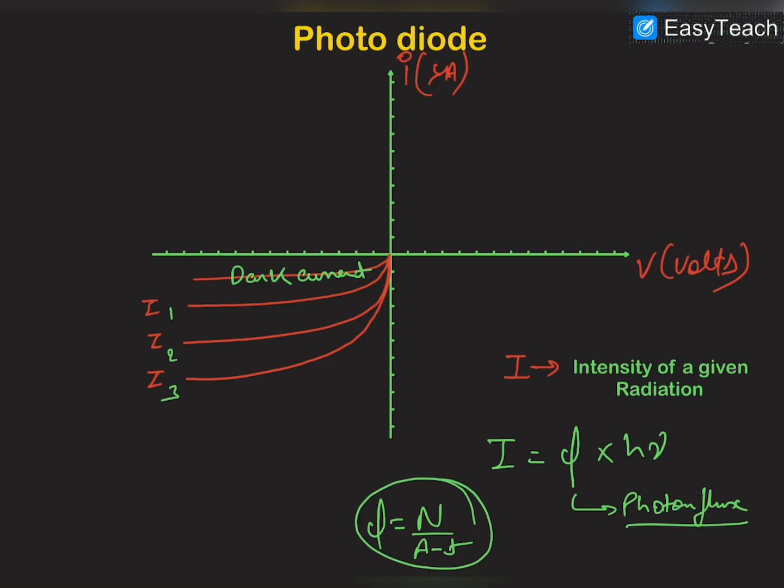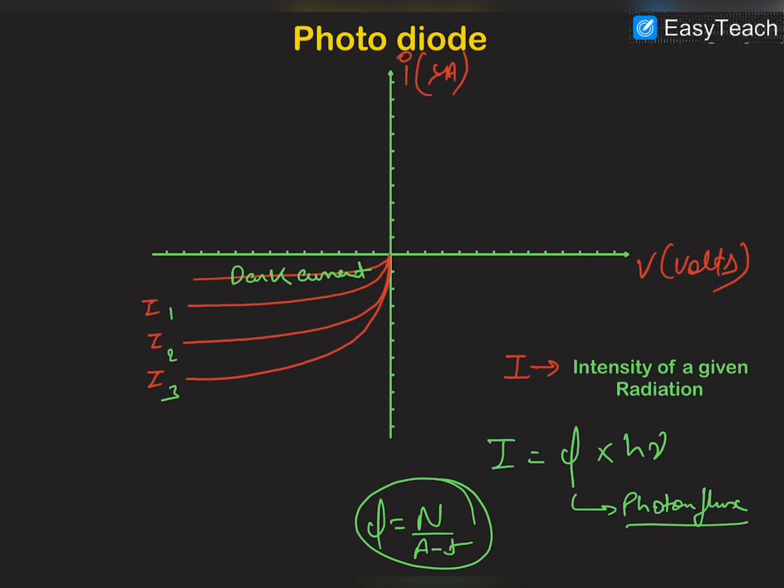So if we are increasing the intensity of the radiation falling on the diode, we are not changing the radiation, which means the frequency of the radiation is constant, but we are increasing the number of photons of that radiation falling per unit area per unit time.